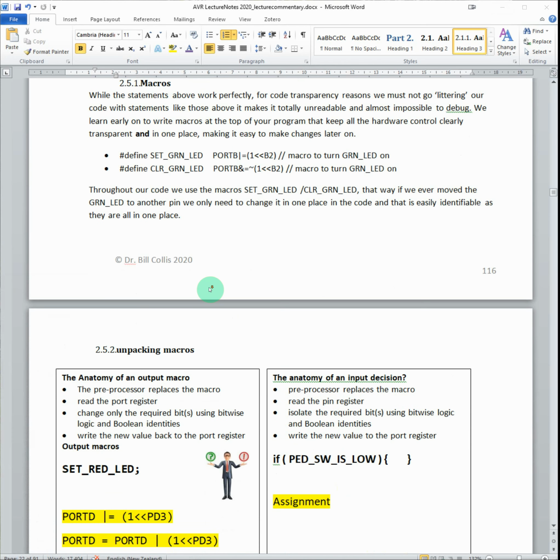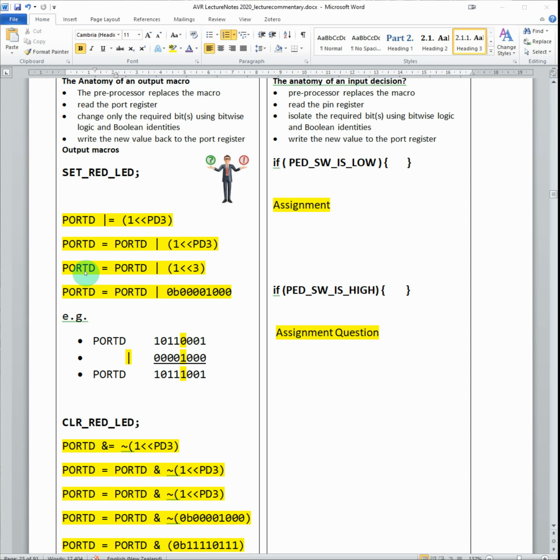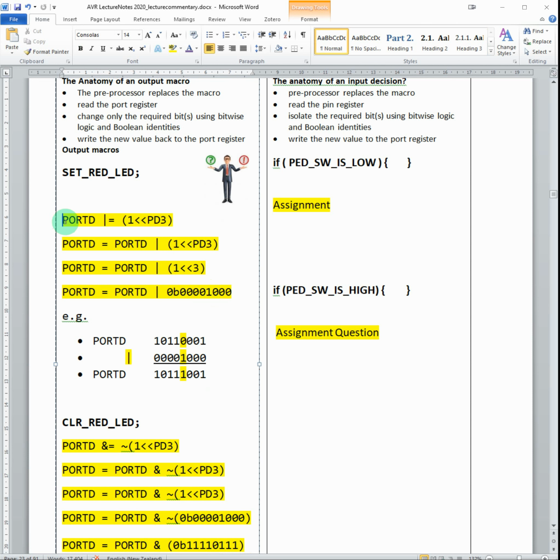So let's have a look at the anatomy of an output macro. Let's just unpack this command. Set red LED is, well, we know the red LED is on port D, pin 3. So what does this command here mean? Well, when we unpack this, this is just a simple contraction for this. That's a common C contraction.